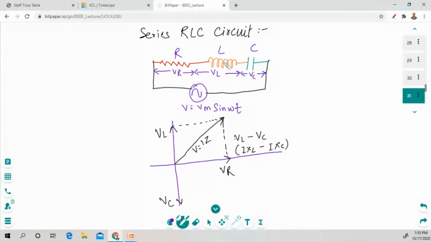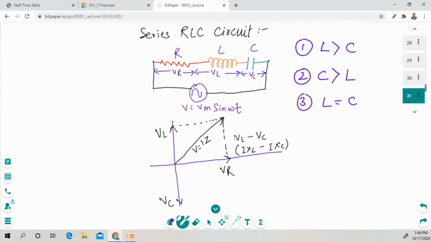In the RLC circuit, the resistor, inductor and capacitor are all connected in series. Now there are three cases. The first case is L is greater than C, the second case is C is greater than L, and the third case is L is equal to C. We can consider these three cases in our derivation. We have considered that VL is greater than VC.